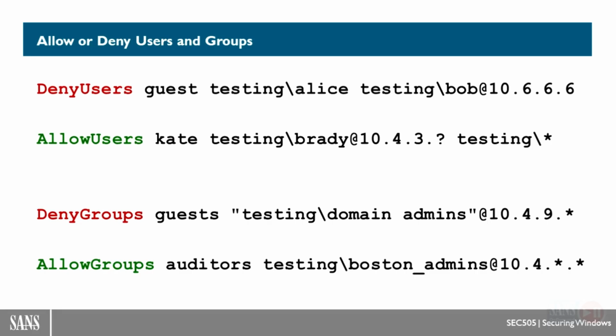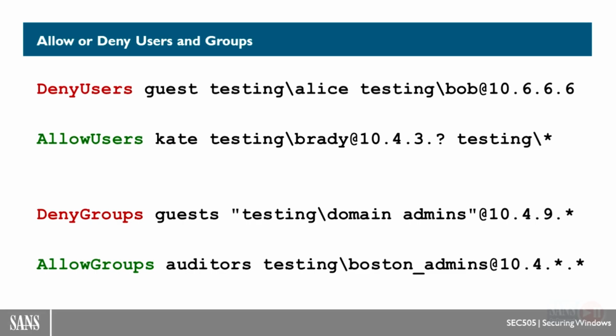So that would match like 10.4.3.1, but would not match 10.4.3.11. If you want to match multiple characters, then you have to use the star, the asterisk. And for example, notice what we have at the very end then. It says testing\*. Now that'll match any user from the testing domain.